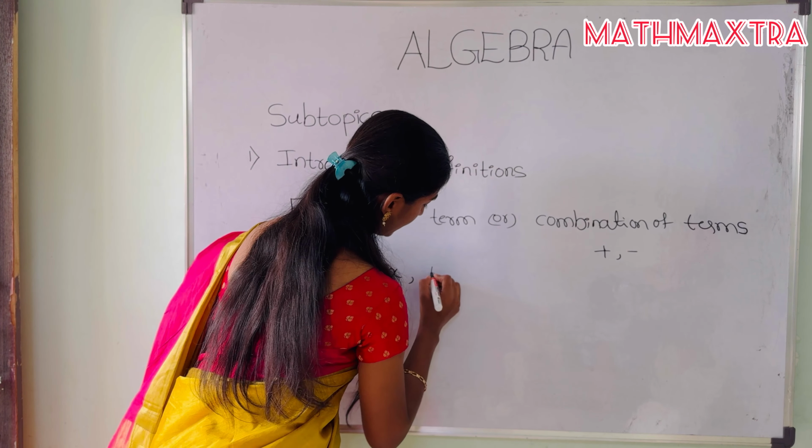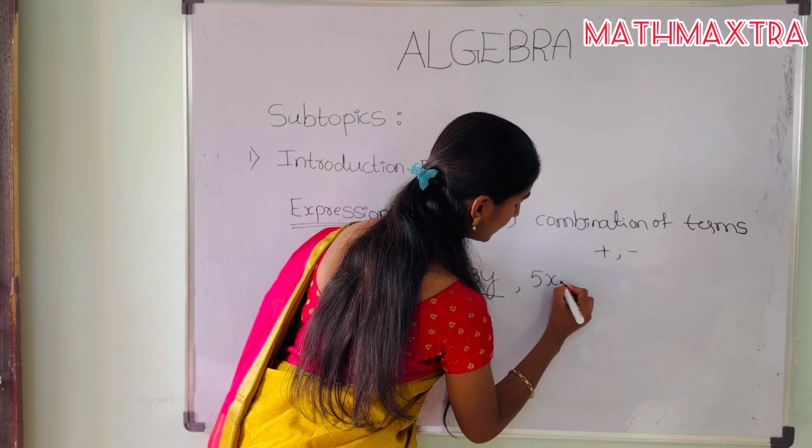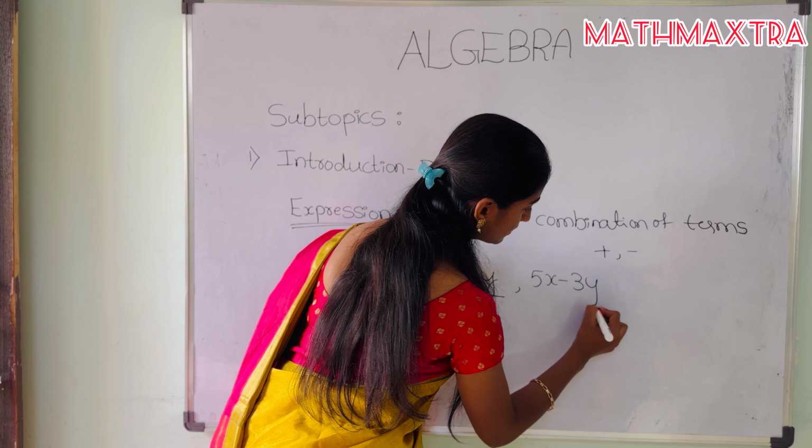This is one term, this is one term, and these two terms are joined by a plus symbol. So we call this an expression. It can be joined by minus also: 3x minus 5x minus 3y is also an expression.